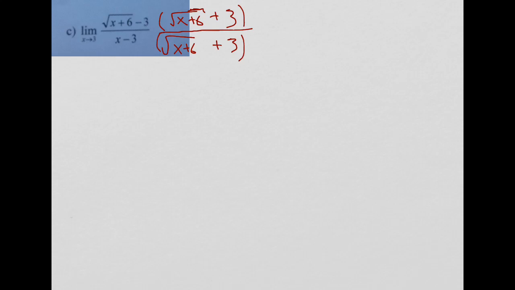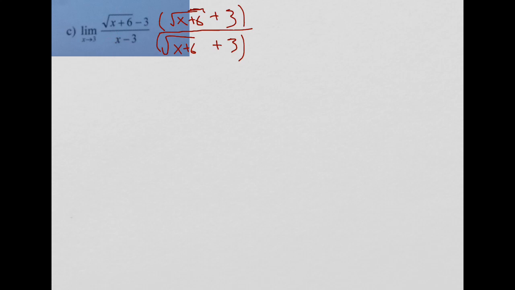So what I mean when I say multiply by the conjugate pair, basically, if this is a limit, the best way to deal with these things when I can't plug it in and I have the square root here, is to take this guy and just change the sign of that. So we're going to make that a plus, which I did here, and you should see that this in red is exactly the same thing as I have there. And what's going to happen is it's going to help us get rid of this guy, and it's going to make it so that things cancel, if the problem is doable this way.